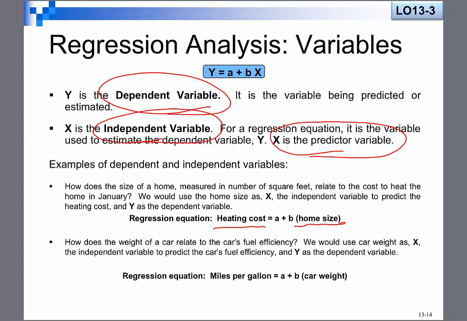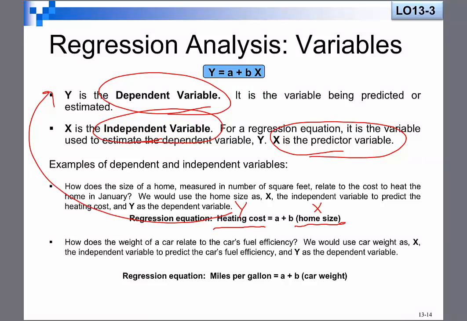So home size would be your X variable, and heating cost would be Y, because X is determining Y. Said differently, Y depends on X.